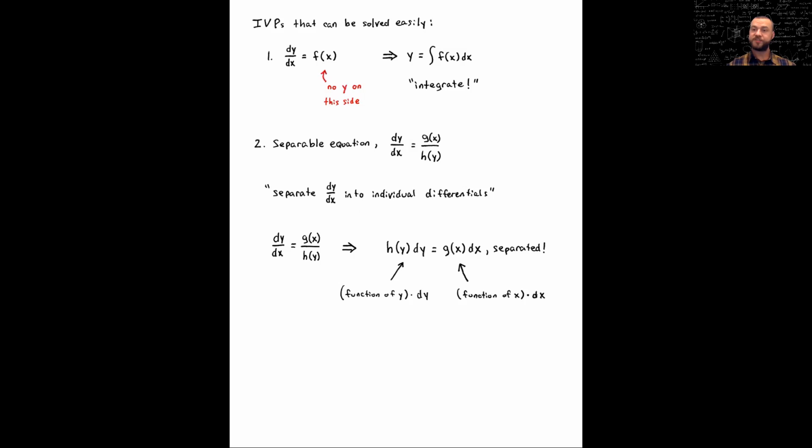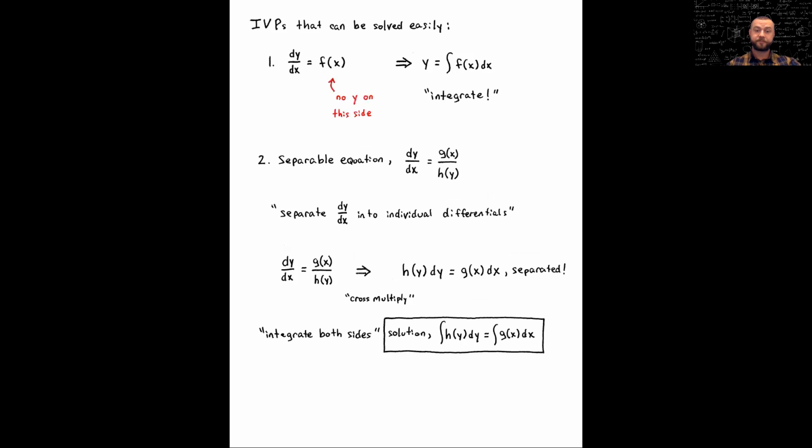All right, so what does this actually do for us? Take a look at what we have at the top of the screen for the first type of example. The notation looks very similar. So we have two different differentials, dy on the left, dx on the right side. Basically, we're going to integrate both sides. And this gives us the same sort of idea as the first type.